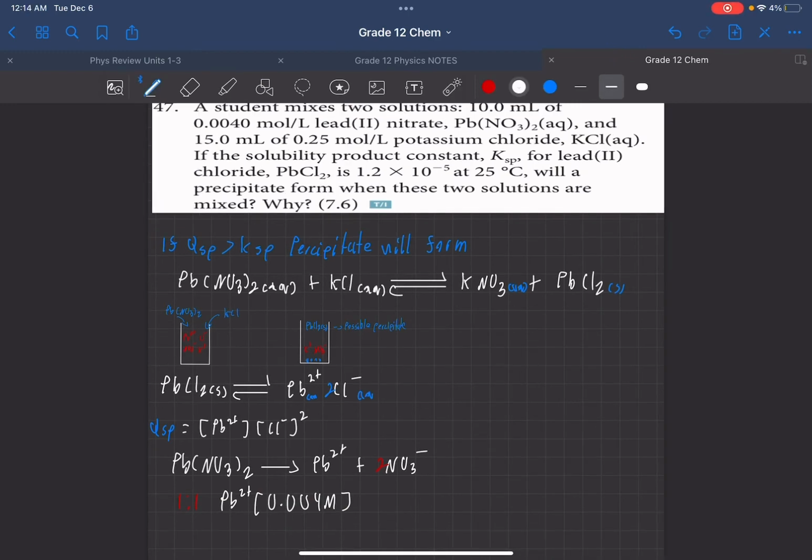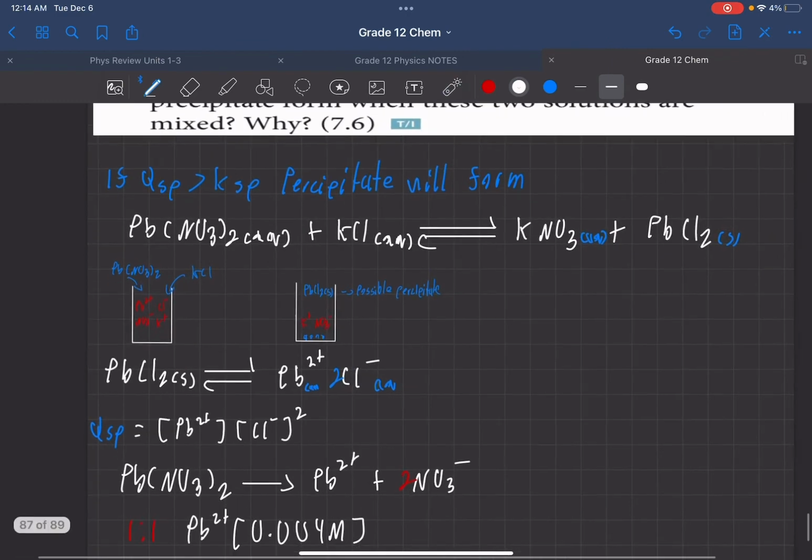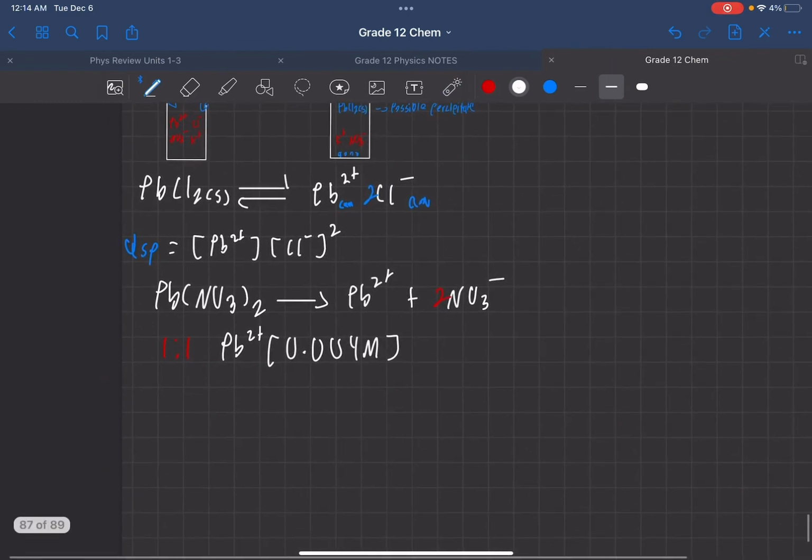Well, we know that we have 10 milliliters of this lead 2 nitrate solution. So 10 milliliters equals 0.01 liters. So we know that we have 0.01 liters of this 0.004 molar solution.